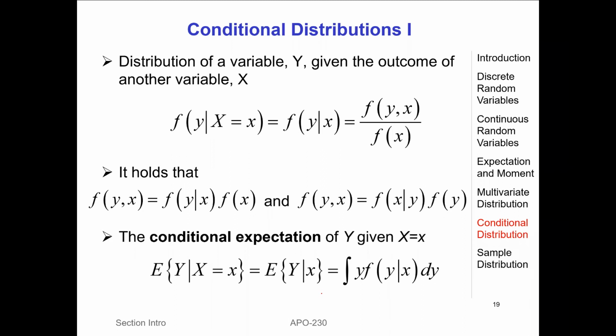Then we come to the term conditional distribution, which is highly relevant in econometrics. Why? Because we are often interested in the outcome of one variable if we know that another variable, which may be a determinant of the variable of interest, takes a certain value. For example, if we want to evaluate the impact of a policy.